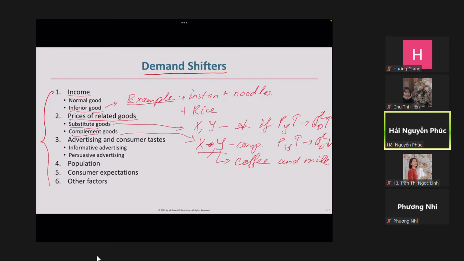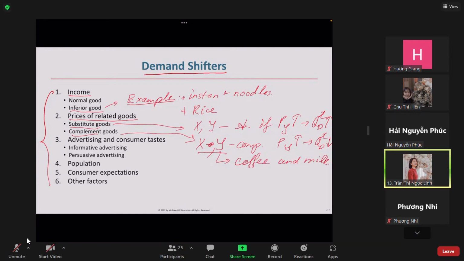Why? Because when the price of coffee increases, I think the people who buy coffee are fewer. So you mean that drinking coffee is accompanied by drinking milk?